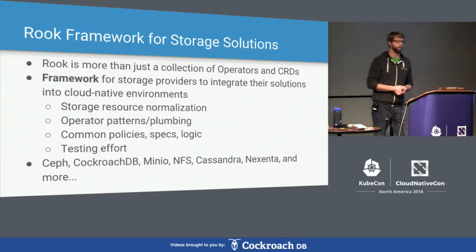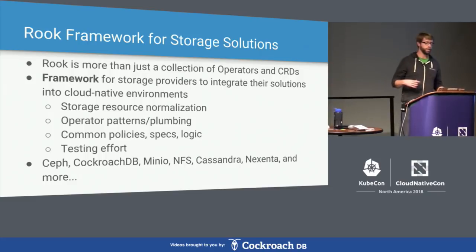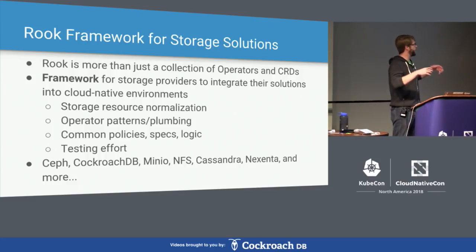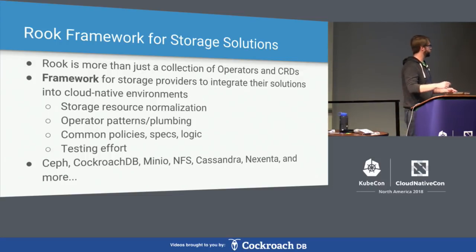The benefit that Rook provides is a normalized way for declaring what type of storage or what resources in the cluster to use to pull into the underlying storage system when you're bootstrapping and configuring it. To say use this device or this node, or patterns for matching or selectors and all sorts of things like that to figure out what storage in the cluster should actually get used to store data.